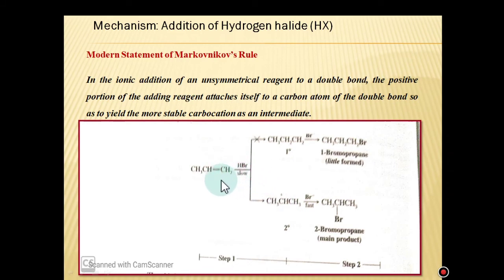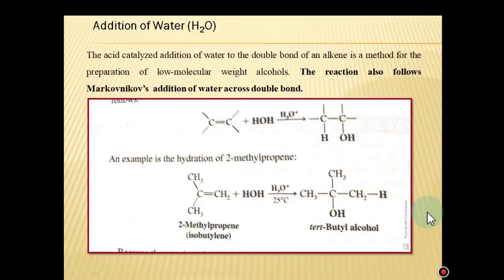When this H attacks that carbon, a primary carbocation is formed. According to the stability factor, the secondary carbocation is more stable, hence it is formed, and the bromide ion in a fast step attacks that carbon and the formation of 2-bromopropane takes place. Indirectly, Markovnikov rule is related to the relative stability of carbocations.